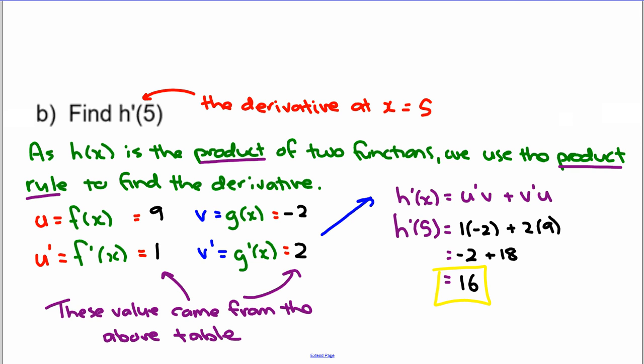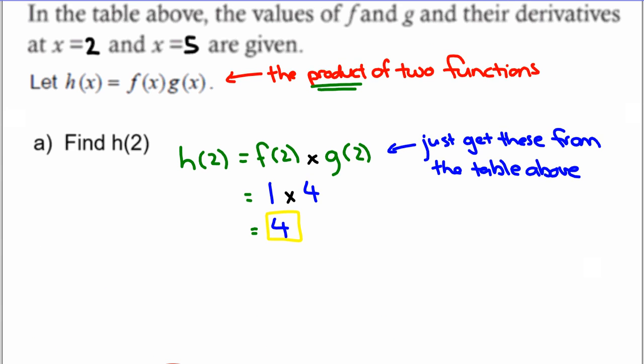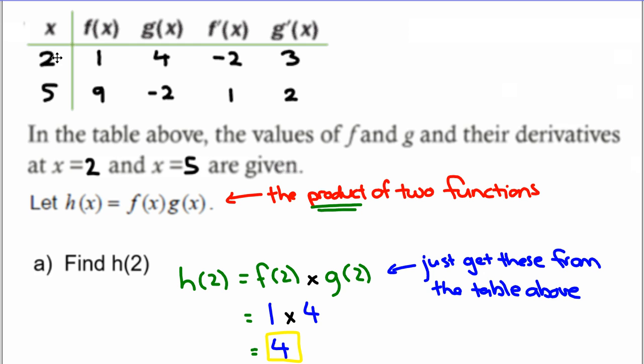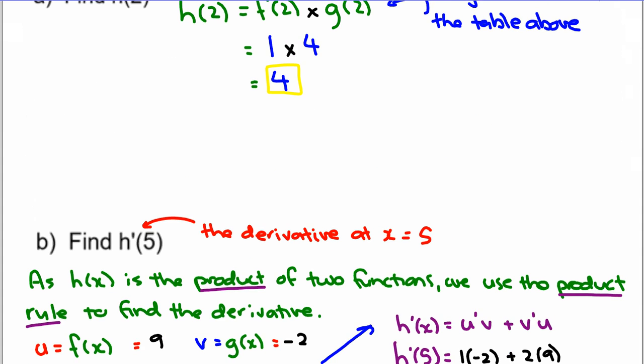Let's go back up. F dash, make sure you don't read from here by mistake, f dash 5, the derivative at x equals 5, is 1, and the derivative of g of x at x equals 5 is 2, so 1 and 2.